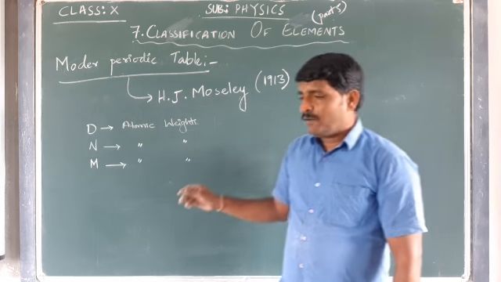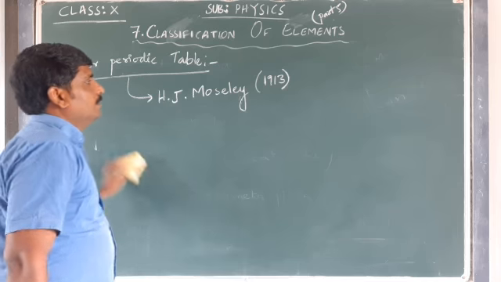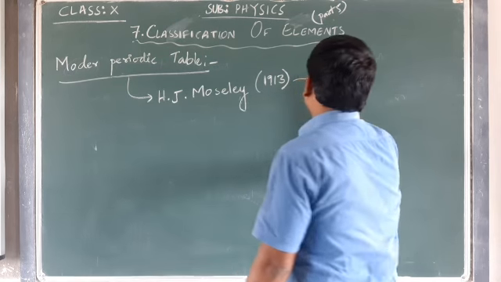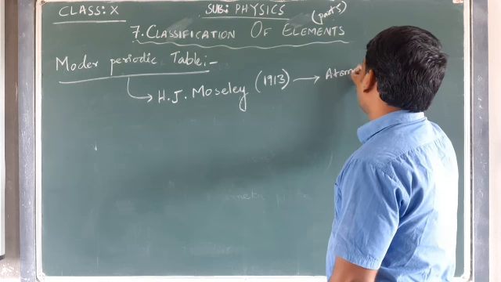Now, what happened is Moseley changed his view to arrange the elements based on the atomic number.